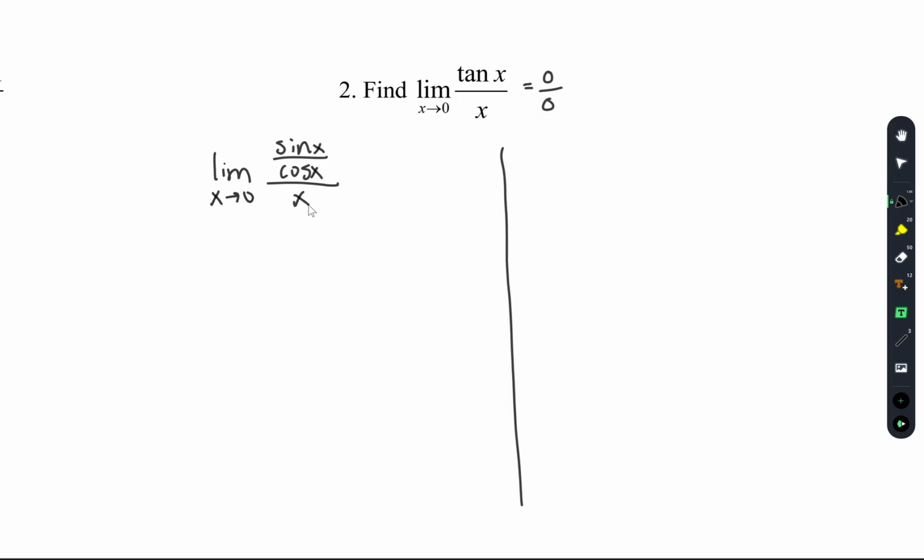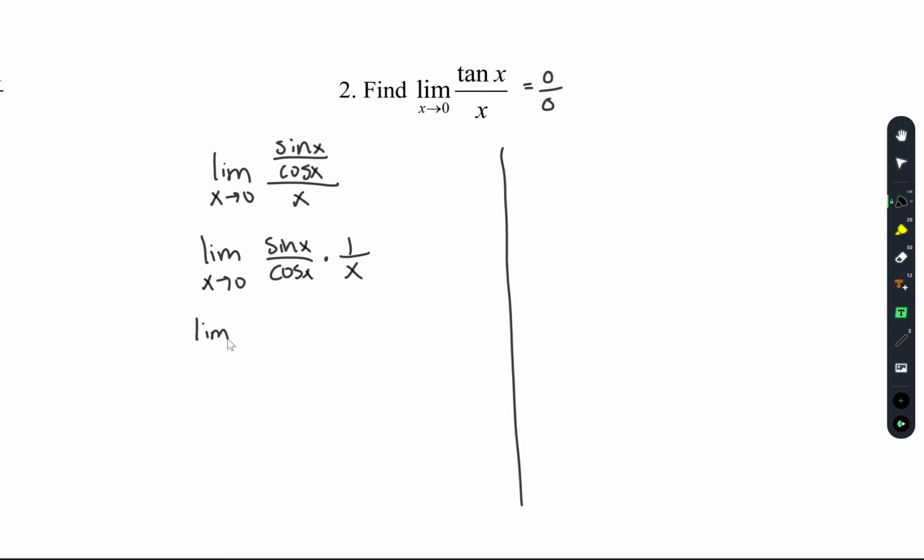And then you just got to mess with it so you can actually take the limit of it. So you could do sine x over cosine x times 1 over x. It's still 0 times 1 over 0, which is indeterminate.